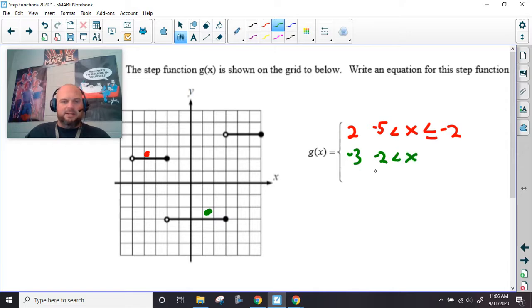No line. There's an x, and there looks to be a closed circle here. So this is 1, 2, and 3. This is 1, 2, 3, and 4. So we have 4. Looks like we had a 3 there. So open circle. So 3, 4, 5, and 6.